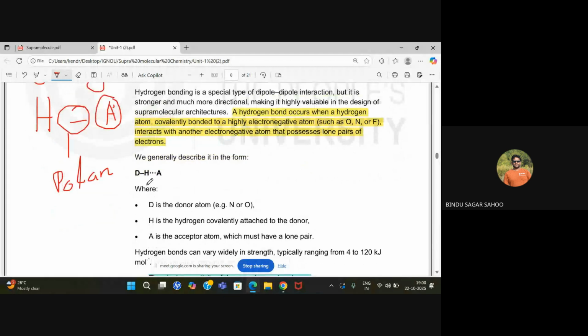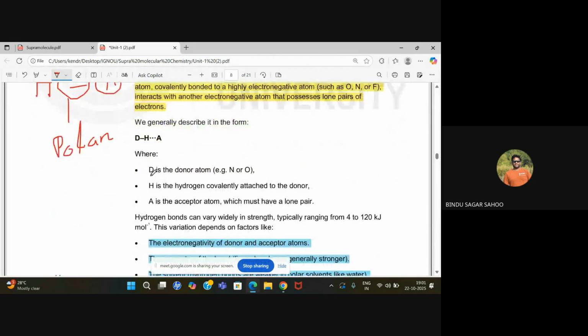We can see here this is D-H dotted A. This dotted or dashed form is the dipole interaction between the A center and the D-H bond. In D-H, D is the donor atom, that means D will be the more electronegative atom. It may be nitrogen, oxygen or fluorine.